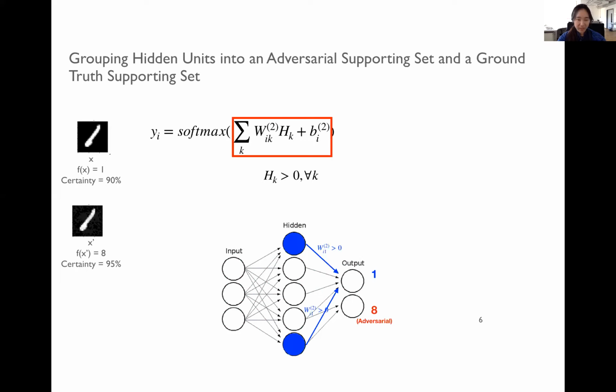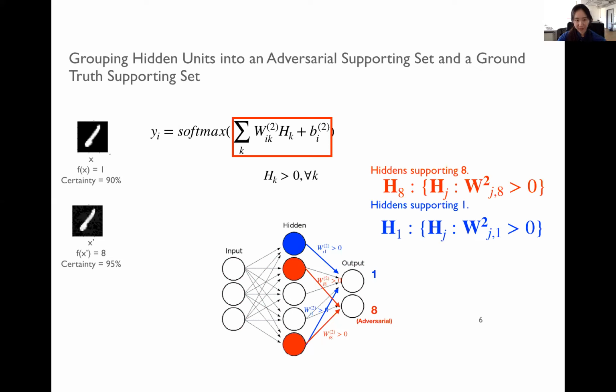For the hiddens associated with output node 1, if the weight has a positive value, then their activity will directly contribute to output class 1 having a higher value in the later layer. And similarly, for the hidden units associated with a positive weight to the adversarial node, their activity will directly contribute to the adversarial node in the last layer having a high value.